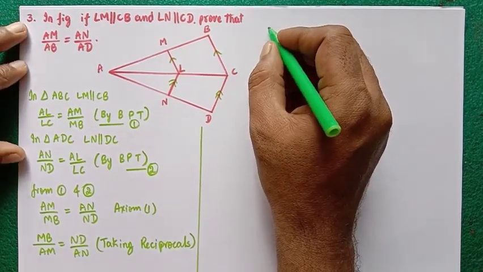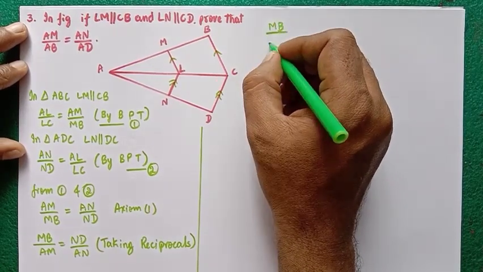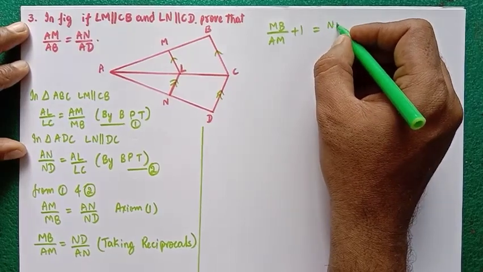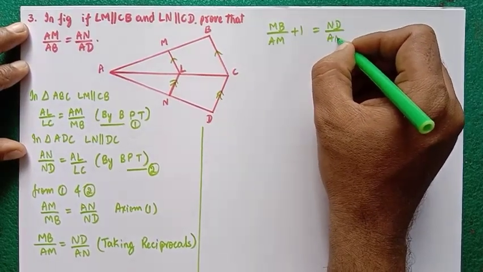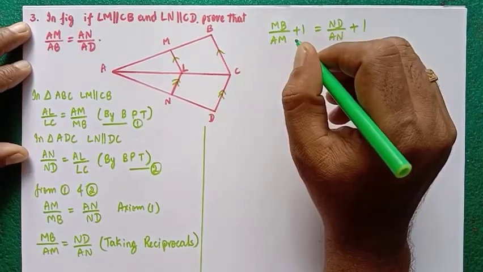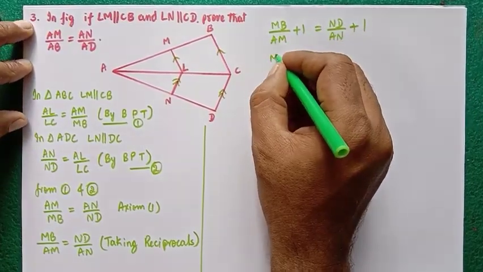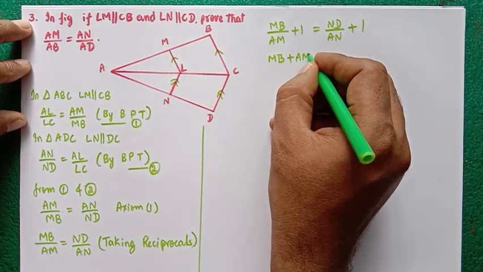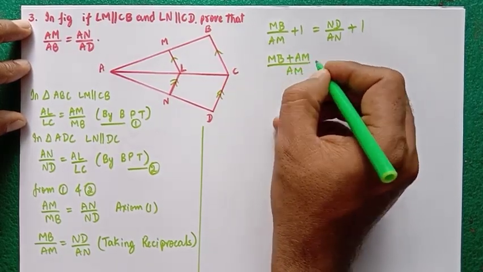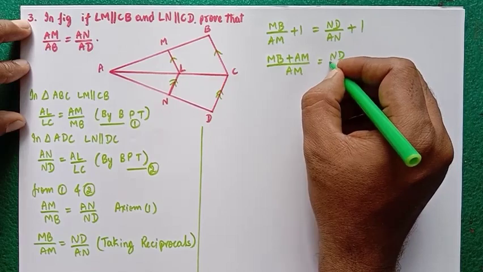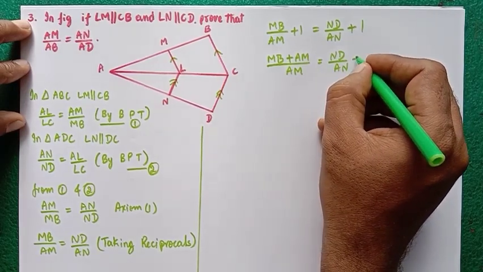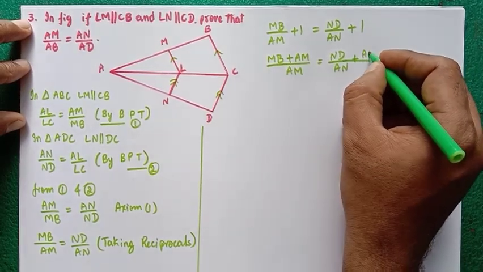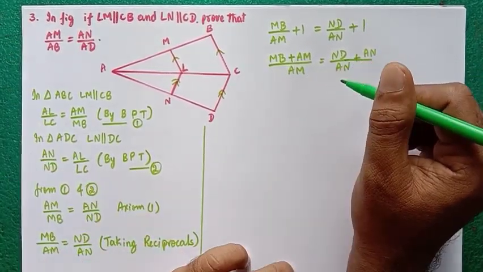Add 1 to both sides. MB by AM plus 1 is equal to ND by AN plus 1. Let me work out how this works.